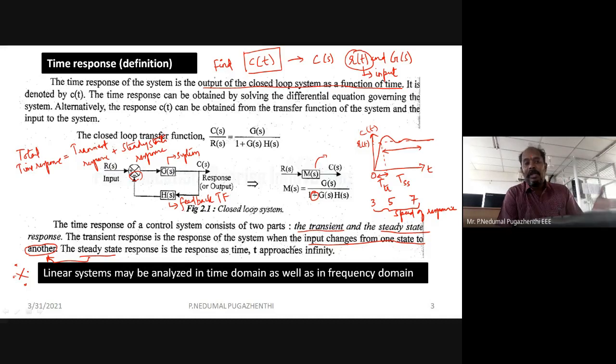Okay, it is a sluggish system. It is not responding, even for a question. So I can comment about the speed of response. For the transient part, I can comment about the speed of response of the system.